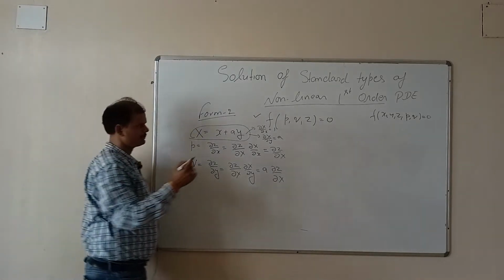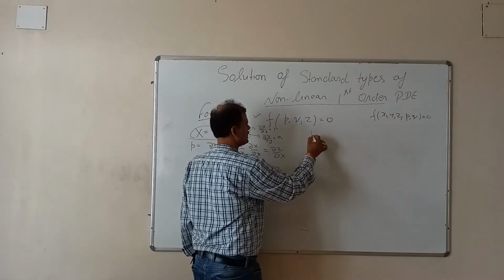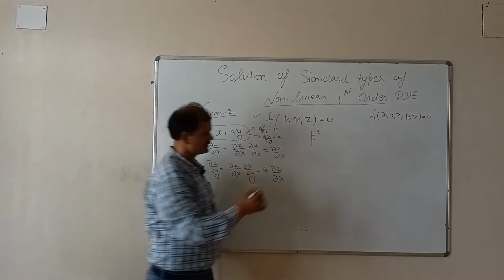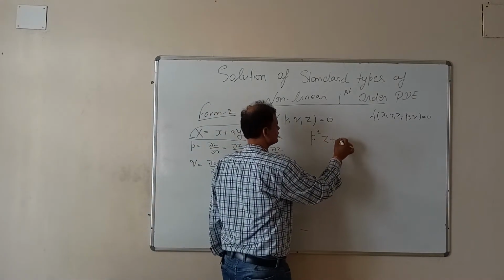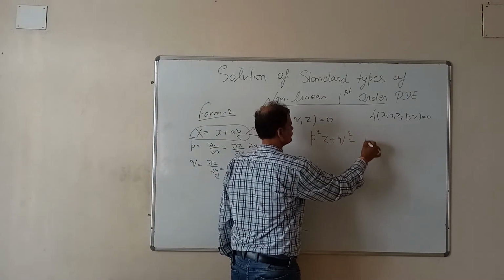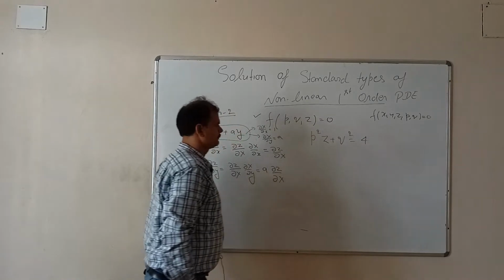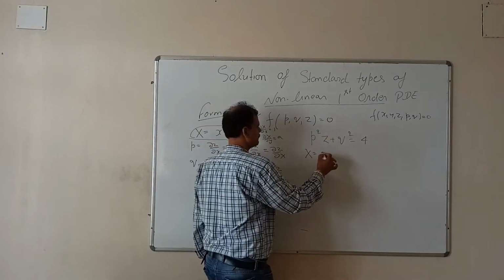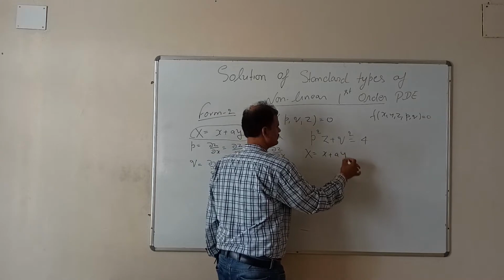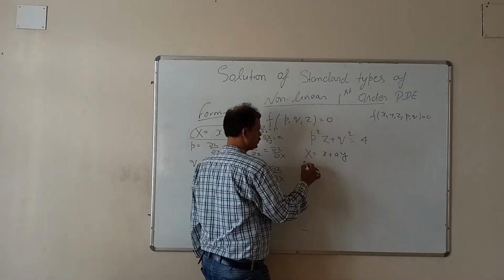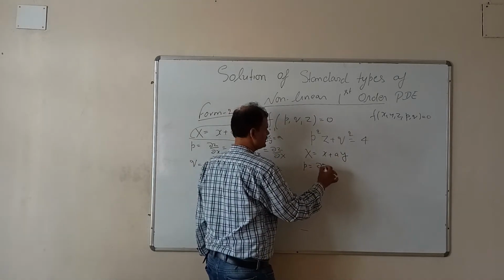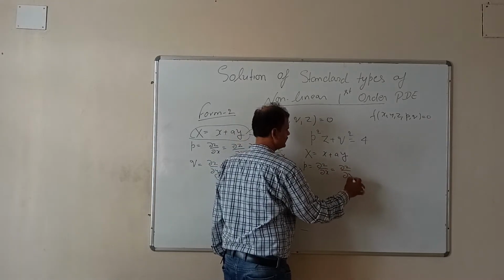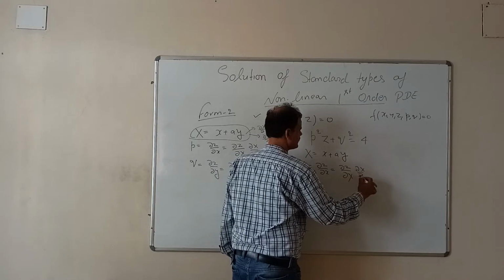Okay, I'll take one example. I have here p square z plus q square equal to 4. So same transformation, I'll have capital X equal to x plus ay. Fine. So your p will be dz by dx, so dz by dX, dX by dx.